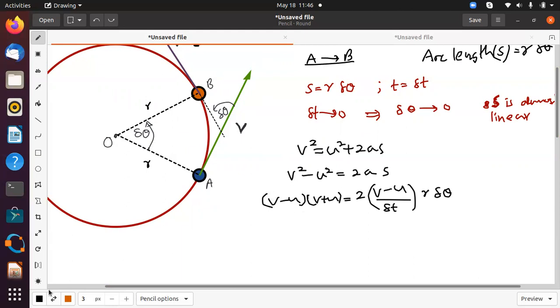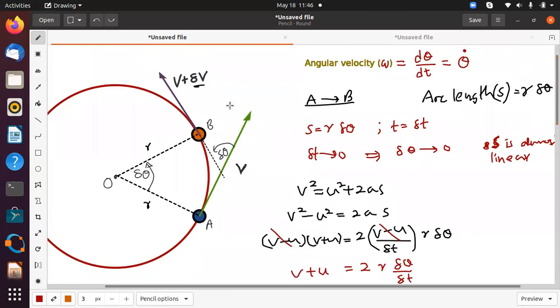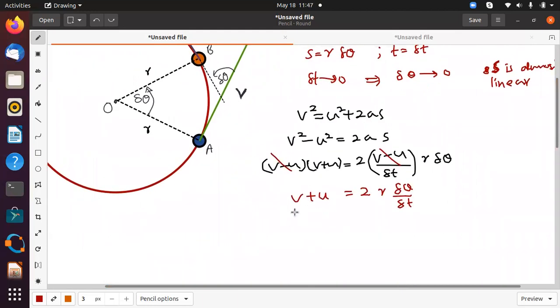So v minus u can be cancelled here, and we are left with v plus u equals 2 r delta theta over delta t. Now v is the final velocity. What is the final velocity? V plus delta v. The initial velocity is v.